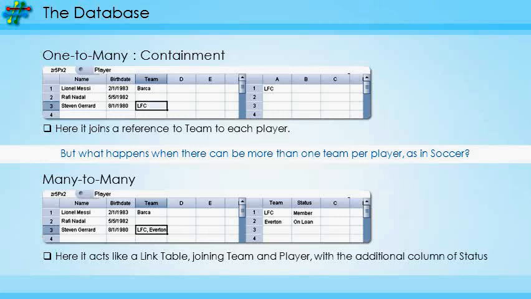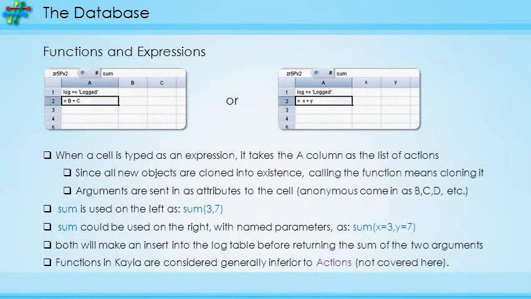So suddenly he has a second team. Well, instead of having to create a link table and put in a column on the link table called status if they're a member of the team or if they're just on loan, you can model it just like this. And there's no performance penalty for that. Everything is already many-to-many underneath the covers.